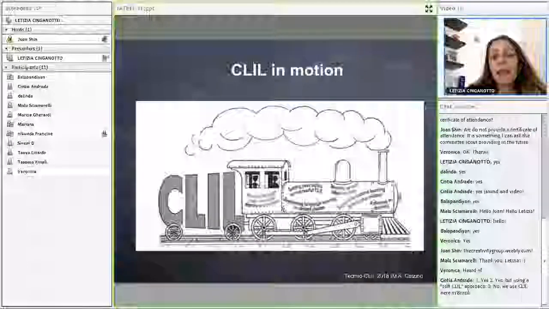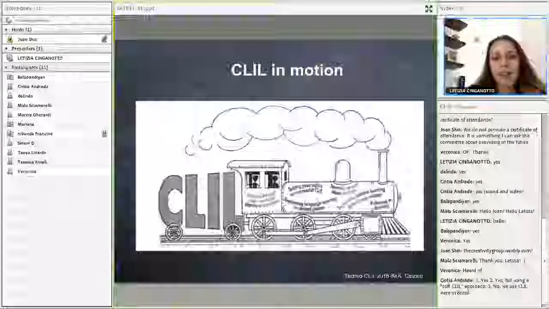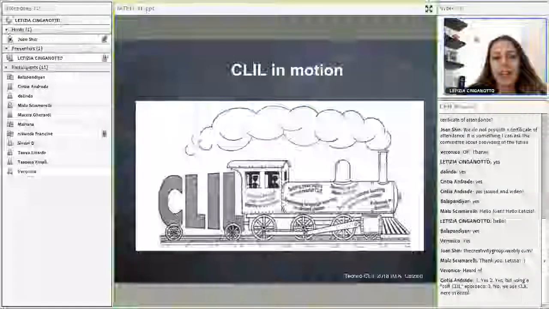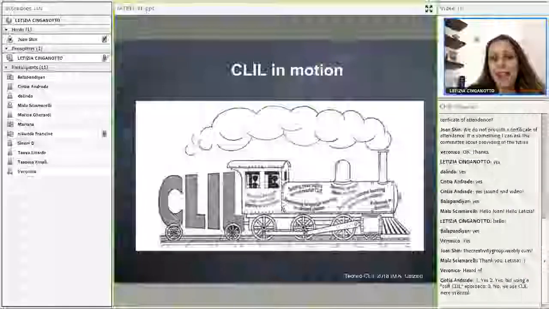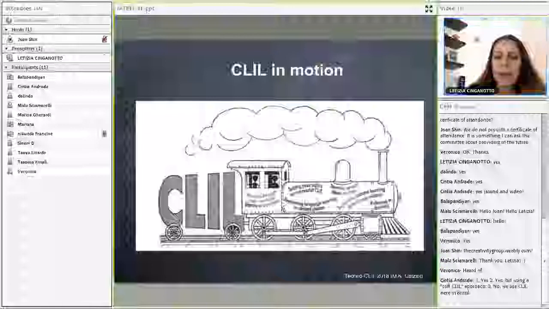And CLIL is a sort of train in motion, we call it, because it's a revolution, especially in Italy, but in a lot of countries where they are experimenting with it. The revolution involves any teacher in the class, in particular the language teacher and the subject teacher, that in Italy we call the DNL teacher, or non-linguistic subject teacher.